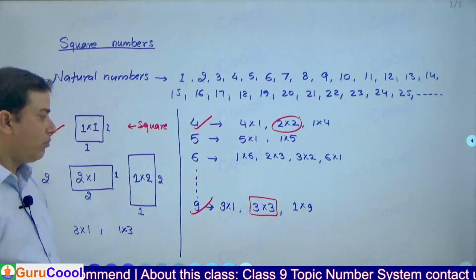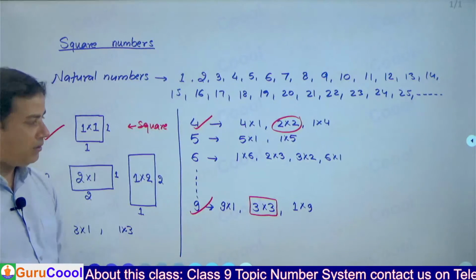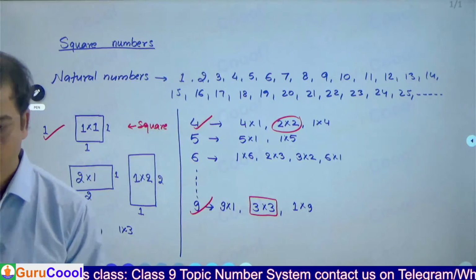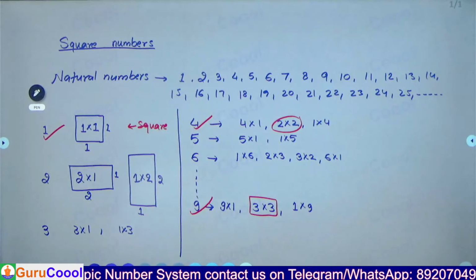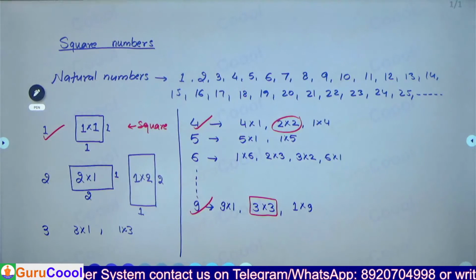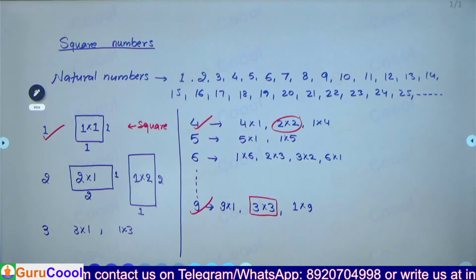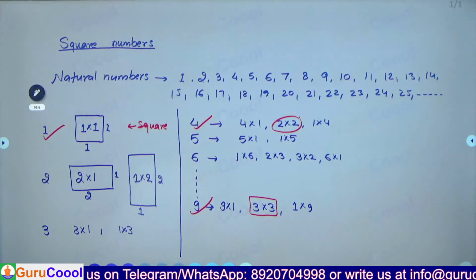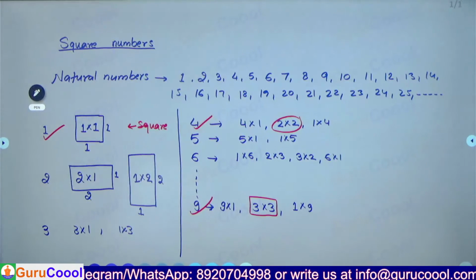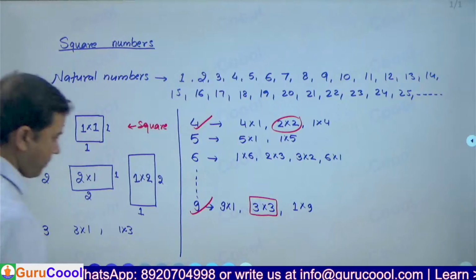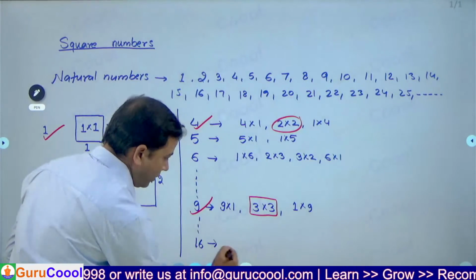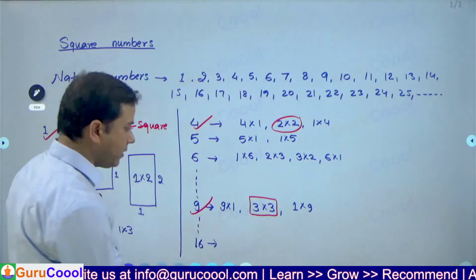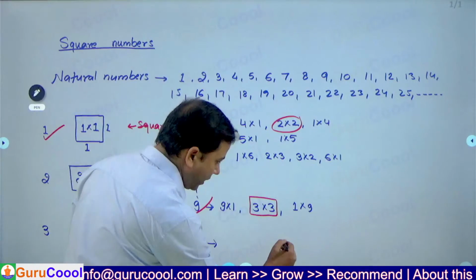Anurag, can you say what is the next square number after 9? 16. That's correct. How can we write 16? Sir, 4 into 4. That's right. 4 into 4. 16 can be written in various ways, out of which one is this.